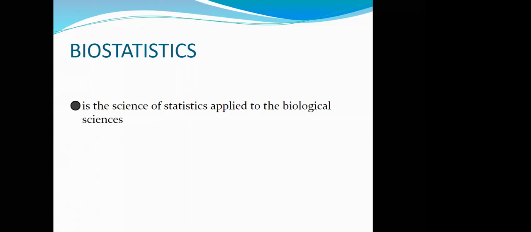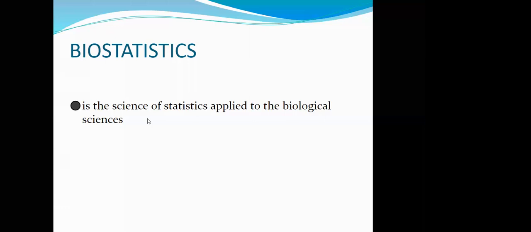So we should note that the fundamental statistical methods do not change at all across the disciplines. We can talk about biological sciences, we can talk about economics. Across the disciplines, these fundamental statistical methods do not change at all. But the way in which we apply them is what may differ from one discipline to another.